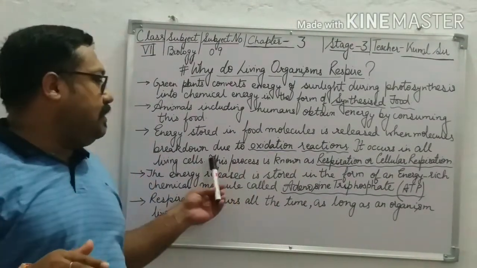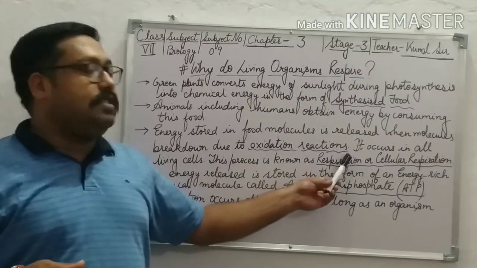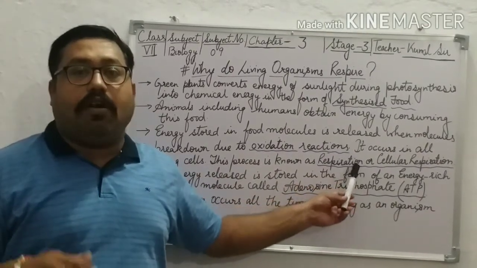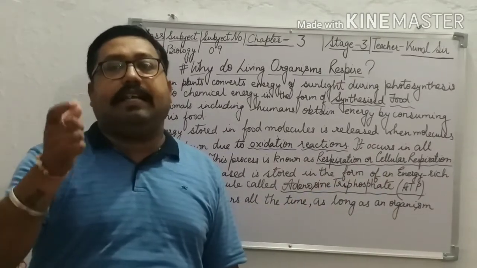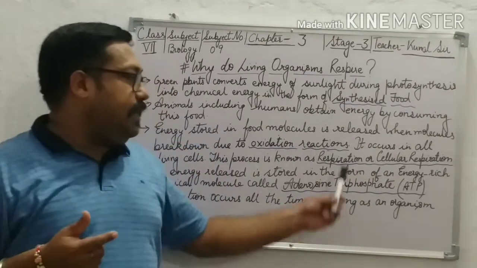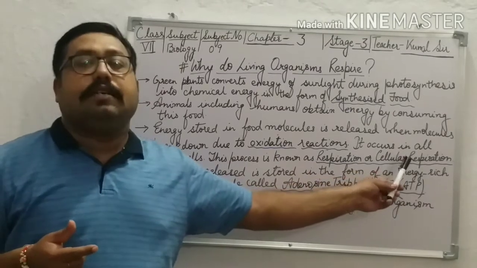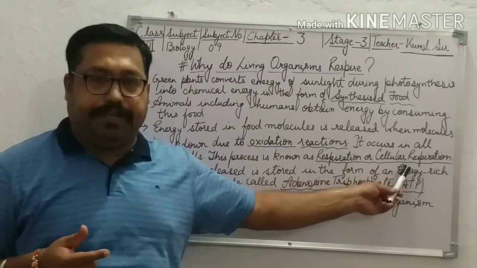In all living cells this process happens, and this process is known as respiration or cellular respiration, because this process is happening inside the cell. That is why I am saying this process is known specifically as cellular respiration.